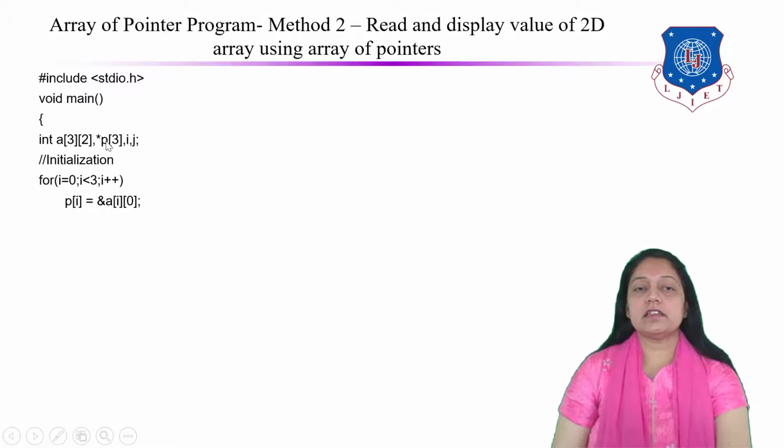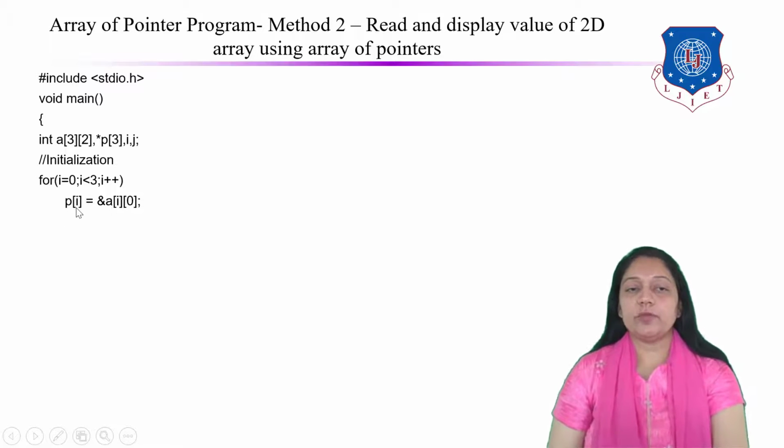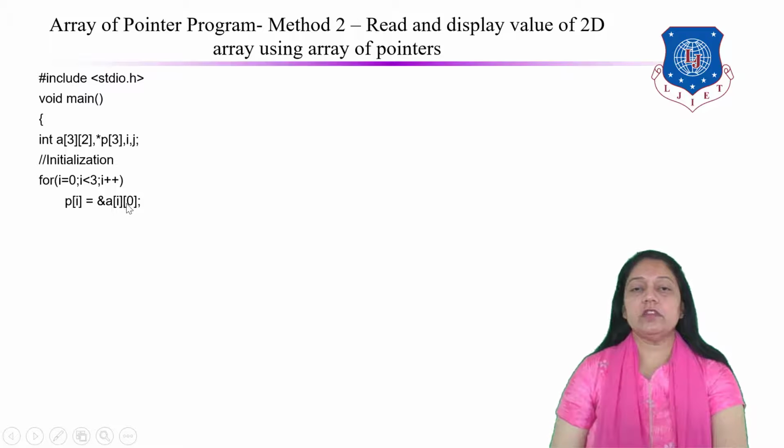Now first is the initialization of these pointers, meaning we want to store some addresses in these pointers. For that there are 3 pointers, so I am going to take a loop here, where i goes from 0 to 3. For each pointer, that is p of i, where i will be 0, so p of 0, p of 1, p of 2, and so on, I am storing the address of the first column of each row.